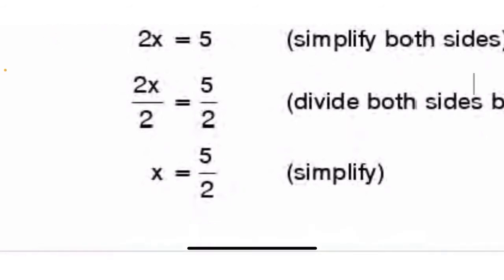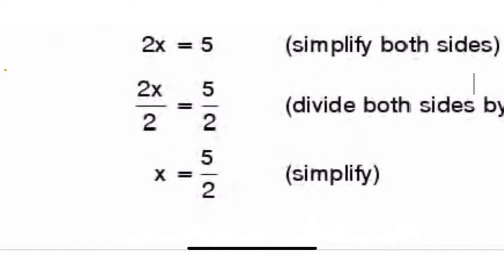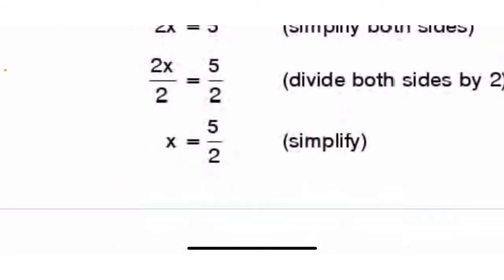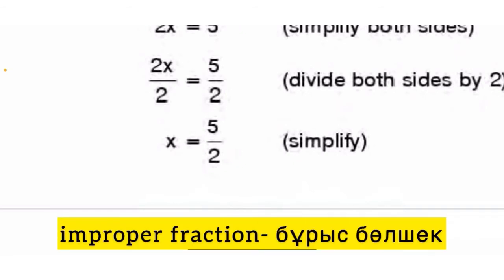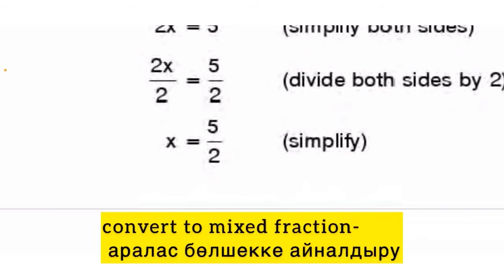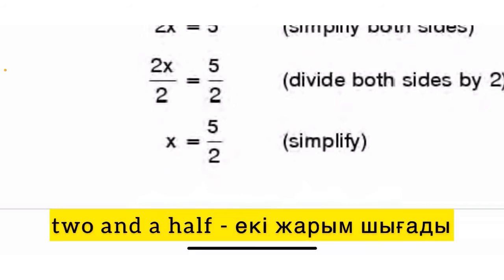Now here we can find x by proportion. x is equal to 5 over 2. The answer will be 5 over 2, but this is an improper fraction, as we said in the previous lesson. So we can convert it to a mixed fraction, and it will be 2.5, or 2 and 1 over 2.